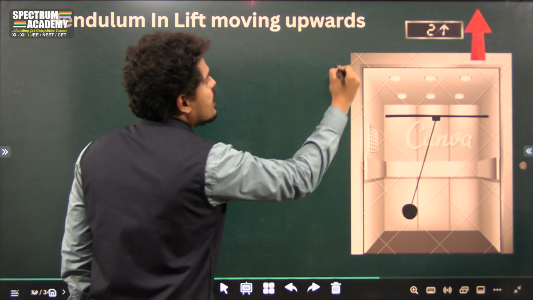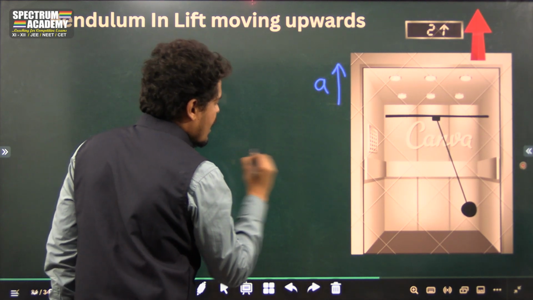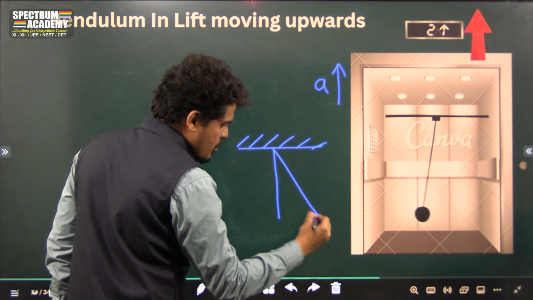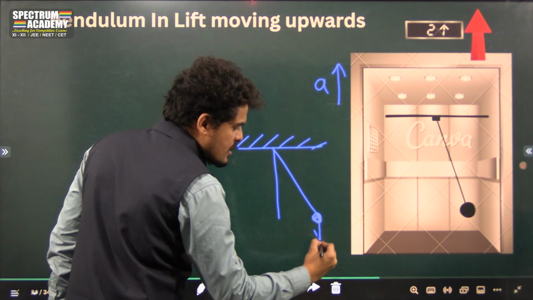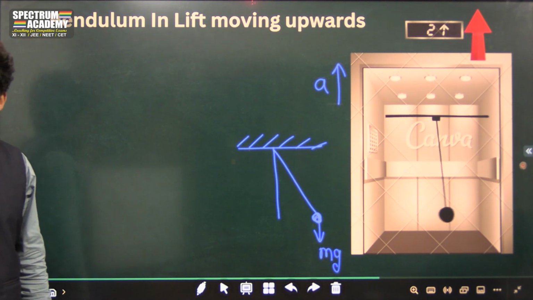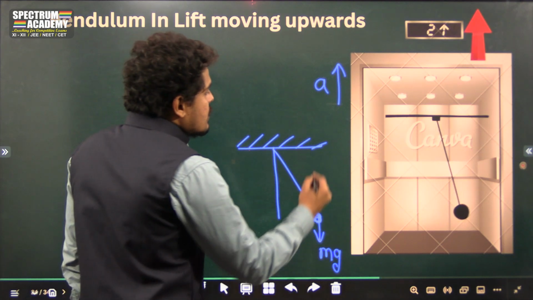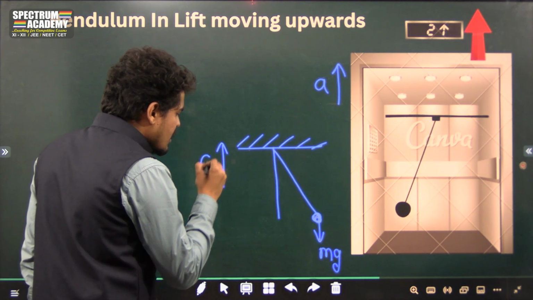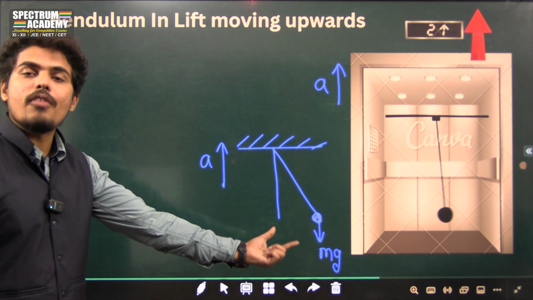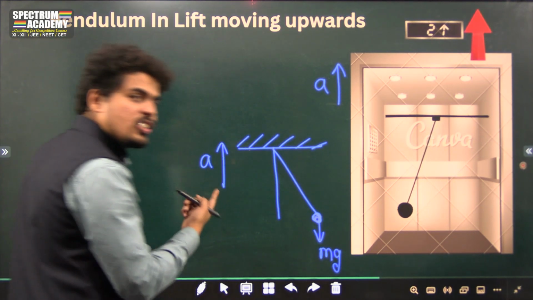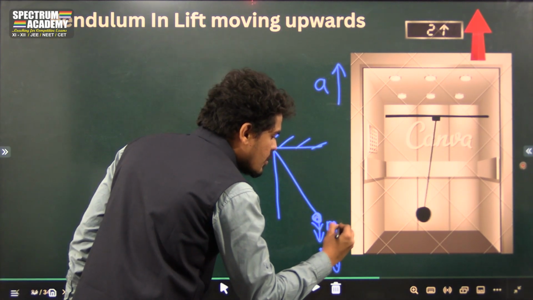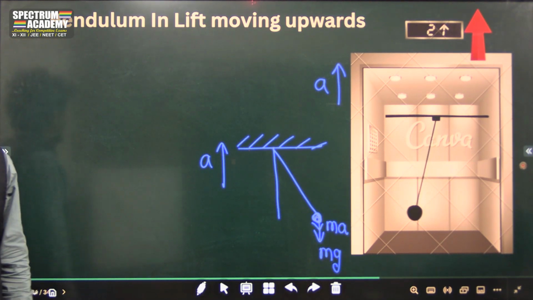Now if the lift is moving upwards with acceleration a, then the forces on this simple pendulum are, the first force is the gravitational force which is acting downwards of magnitude mg, and as the lift is moving upward with acceleration a, there is some pseudo force acting on this bob of mass m in the opposite direction of the real acceleration, that means in the downward direction with magnitude mass into acceleration.